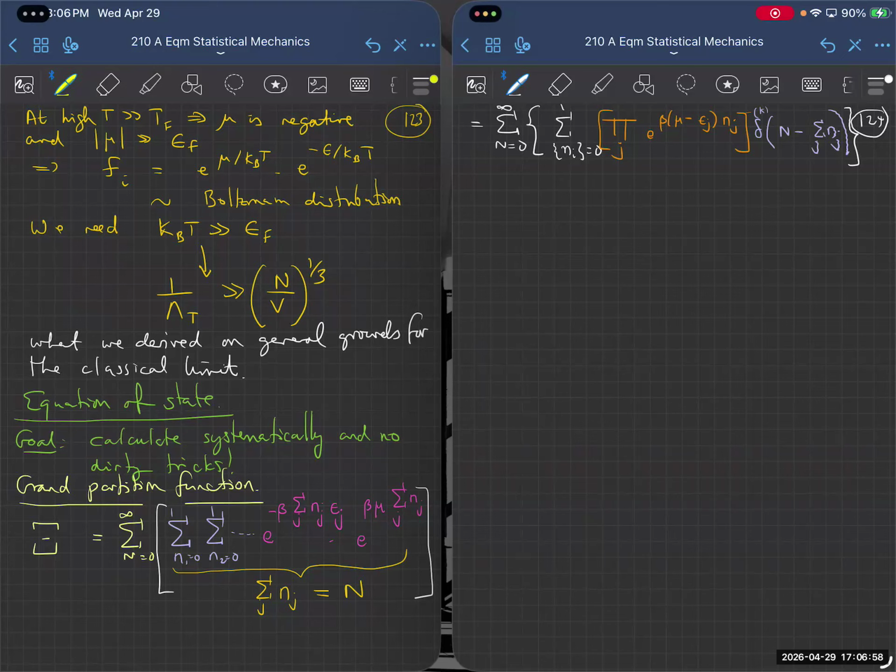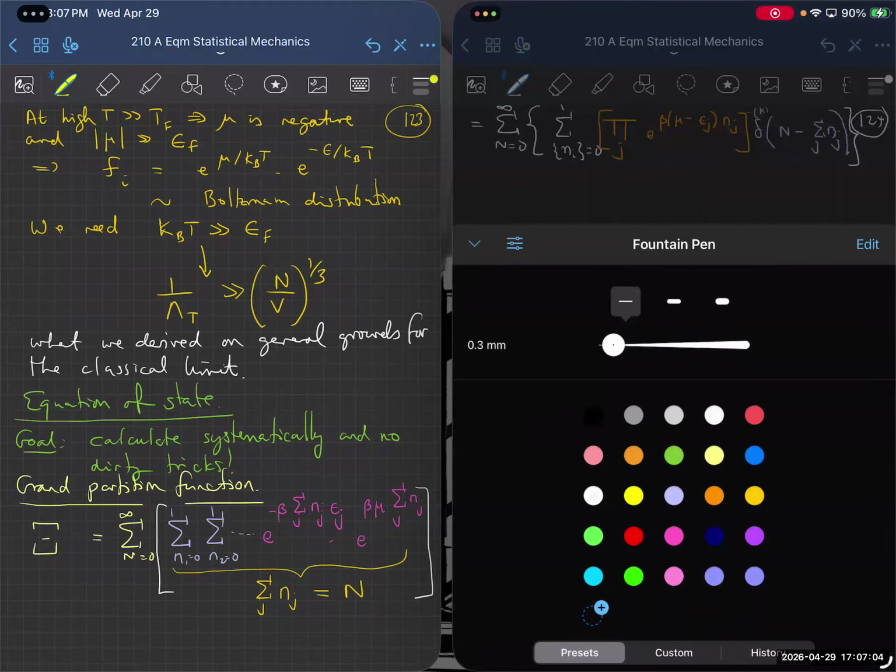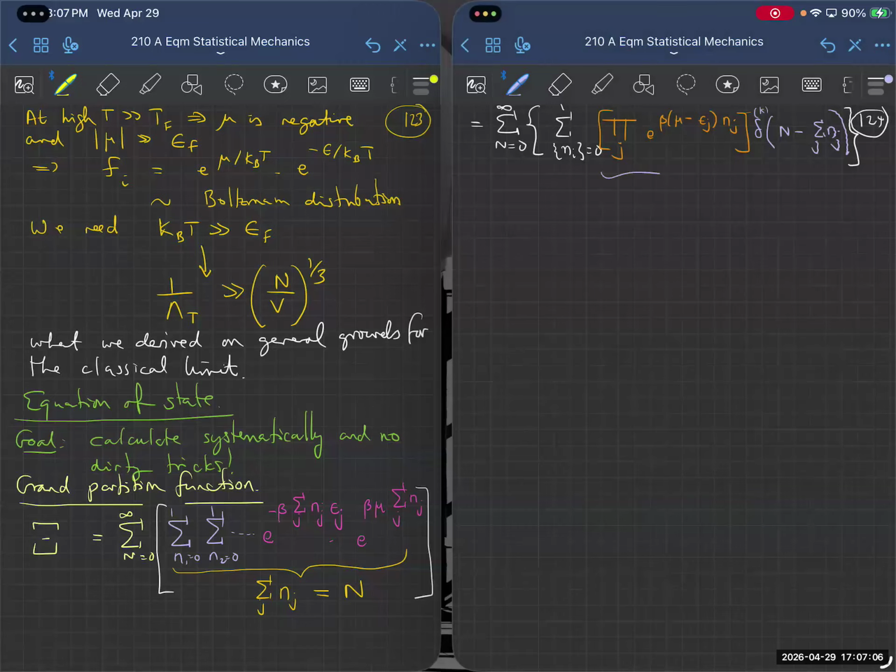Okay, so now let's think about what this looks like. We've got inside here some nasty function. Let's call this function some function that depends on the occupation numbers. So now we consider the sum over n, 0 to infinity.